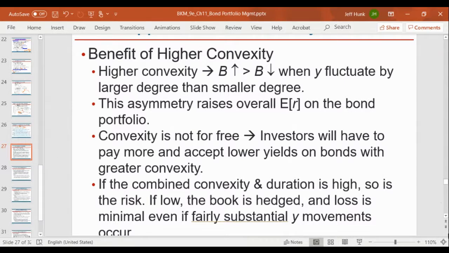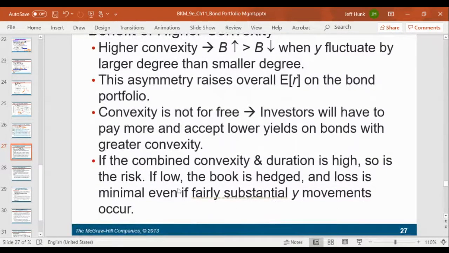If the combined convexity and duration is high, so is the risk. That's what I'm saying. If low, the book or portfolio is hedged, and loss is minimal even if fairly substantial changes in movements occur.